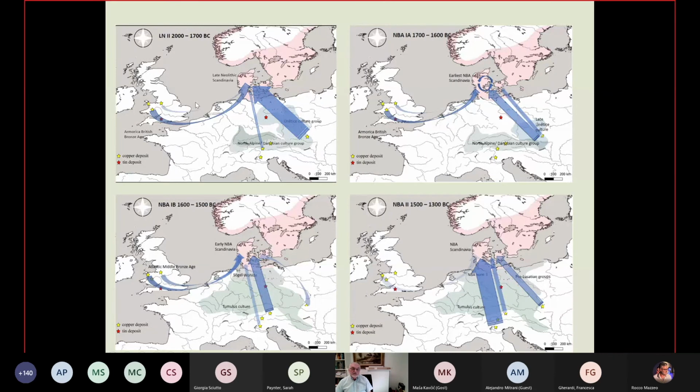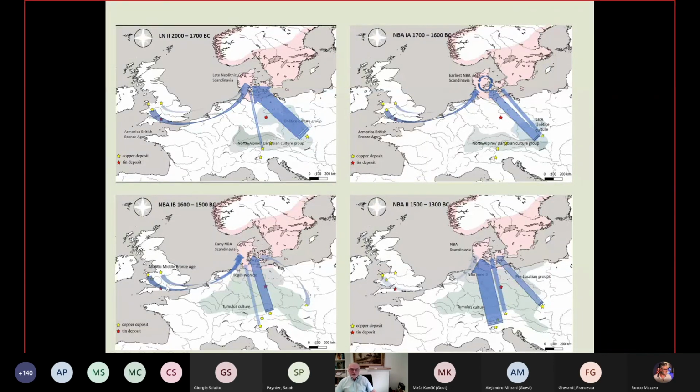In the earliest period, the majority of the copper comes from Slovakia, and there's also some input from the British Isles and also from the Eastern Alps, but only a special type of copper, namely Fowler copper. That changes in the 17th century BC, and we have practically only input from the Slovakian ore mountains, which is replaced almost completely by supply from the Mitterberg region or the Eastern Alps.